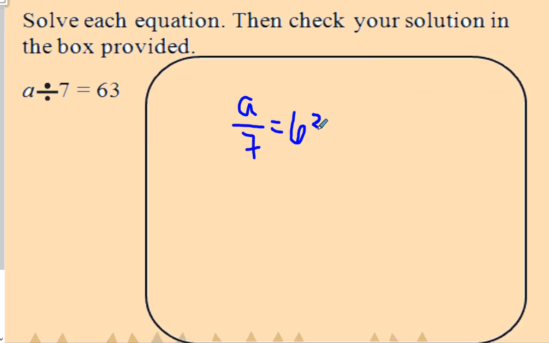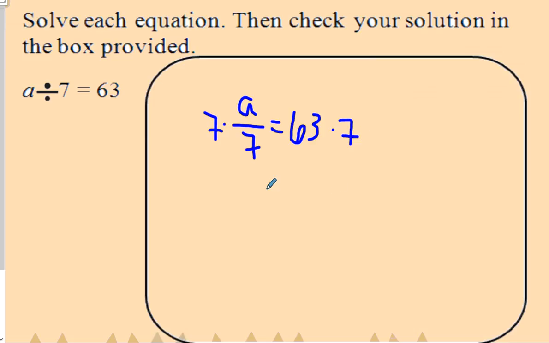So I have a divided by 7 equals 63. My whole goal is to get this a by itself, to isolate it on one side of the equal sign. So I am going to multiply by 7, because what's the relationship between a and 7? We're dividing. The inverse operation of division is multiplication. I'm going to multiply both sides.